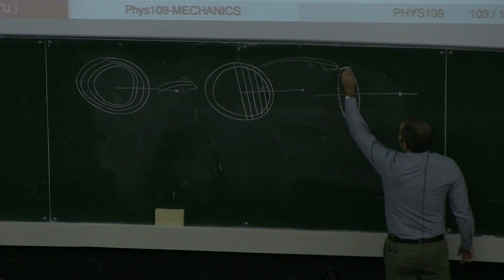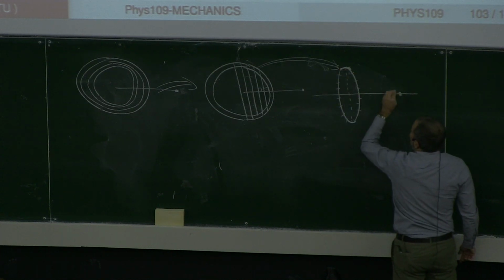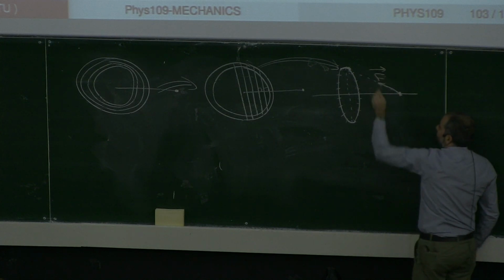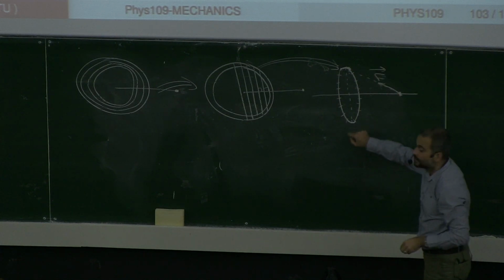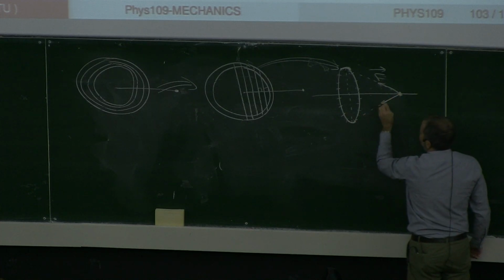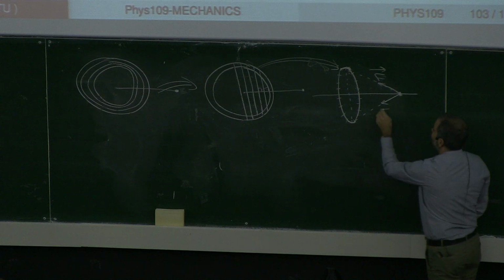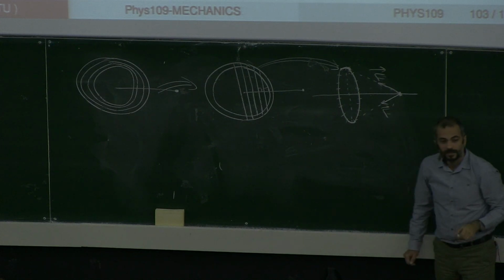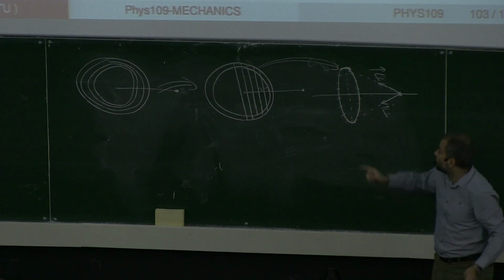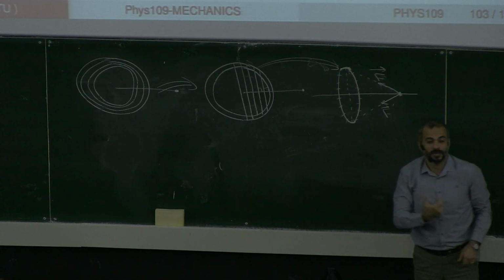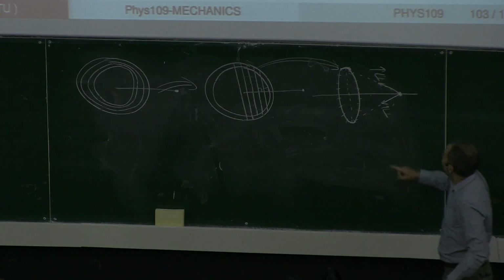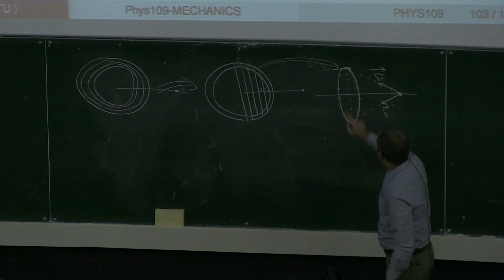This mass here will create a force in this direction, let's call it F. This very small arc will create a force in this direction, let's call it F prime. Now the masses are equal. I'm just assuming that I'm dividing my whole ring into very small arcs of equal length, so each arc has the same mass.